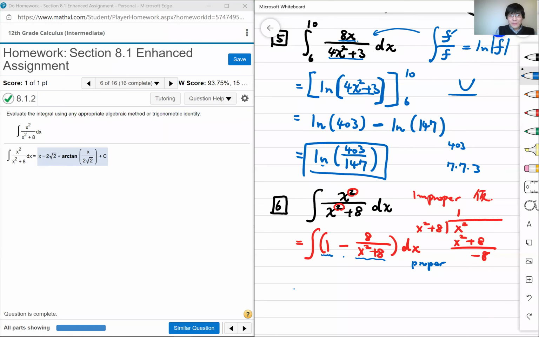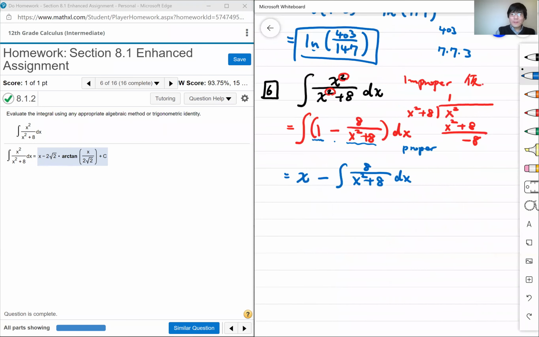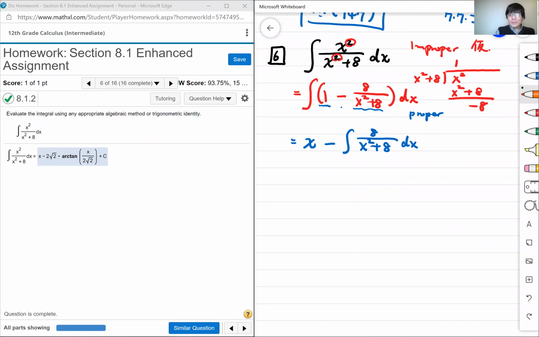The integral of 1 is very simple, and that's equal to x. But the integral of this one is a bit harder. The derivative of the denominator is not really the numerator. When you see something like this, the one formula you have to know is 1 over x squared plus 1.